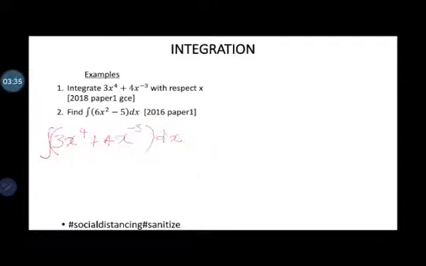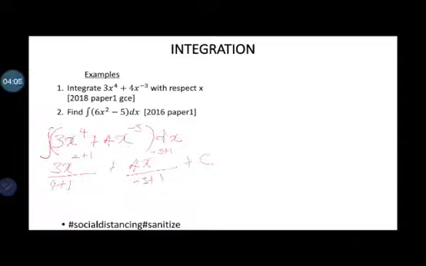So remember, we're going to integrate term by term. So we have the first term here, we have 3x to the power 4 plus 1. We add 1 to the power, then we divide everything by the new power which we have, which is 4 plus 1. Plus, again we have the next term, which is 4x to the power minus 3. We add 1 to the power, we divide everything by the new power, which is minus 3 plus 1. Then we have our constant.